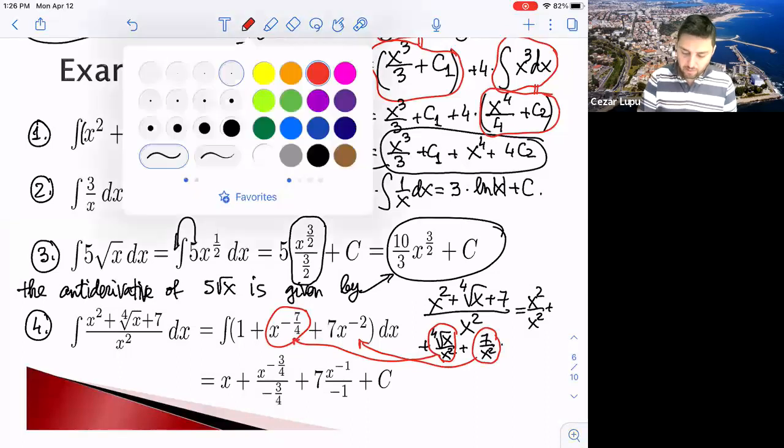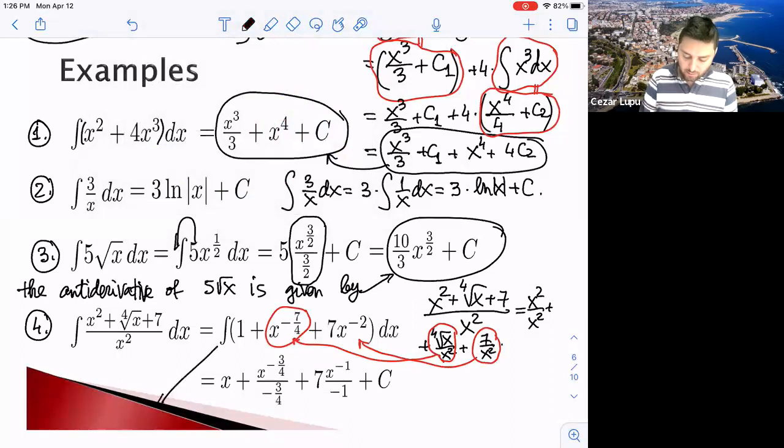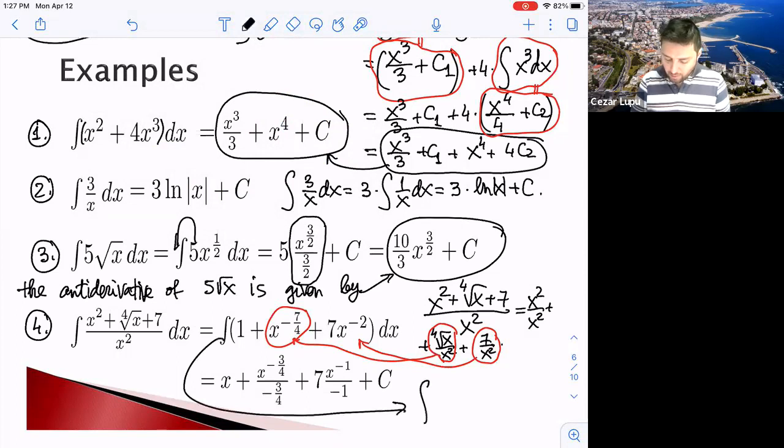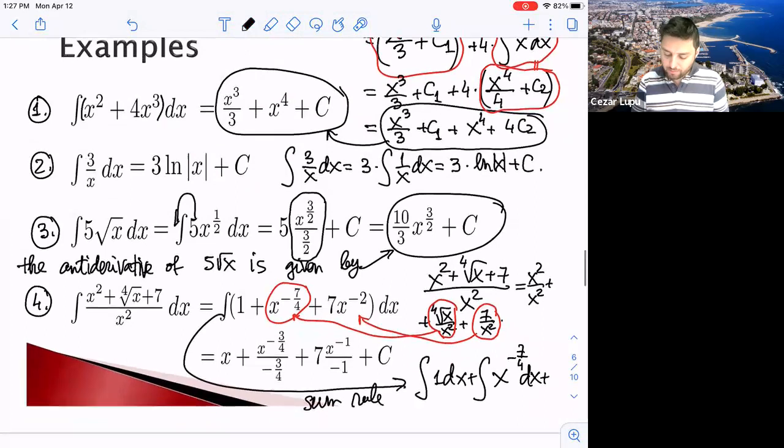So here, let me give you a little bit more detail. So this is the integral of 1 dx plus the integral of x to the power negative 7/4 dx plus, well, let me take the constant out, 7 times the integral of x to the negative 2 dx.